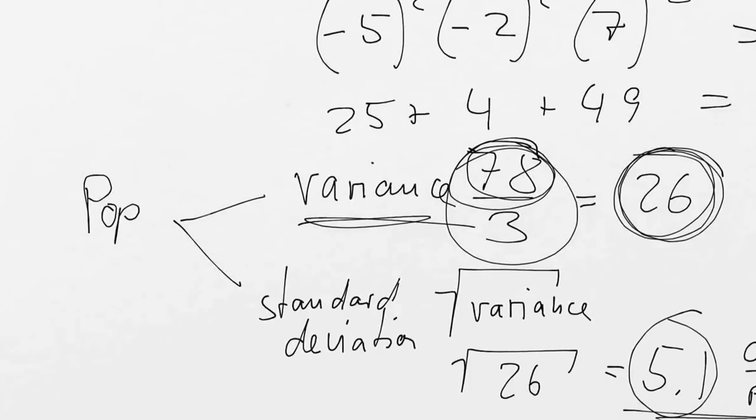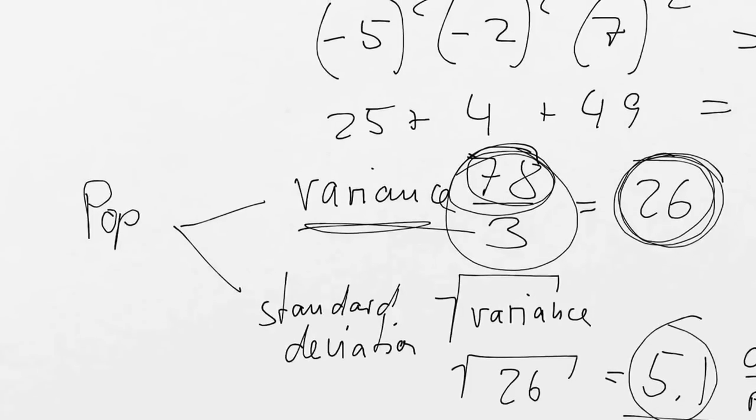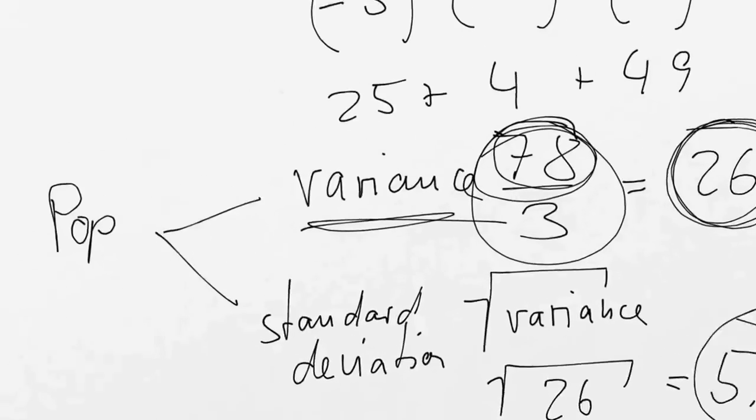One last thing that is a little bit like Steve Jobs from Apple. One very common measure of dispersion is also the standard error of the mean.